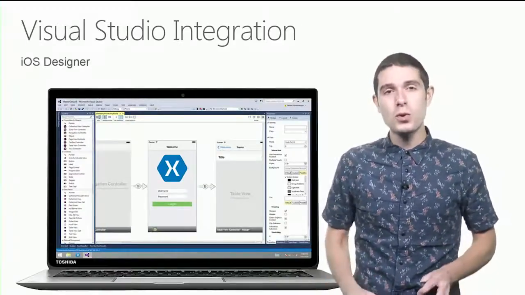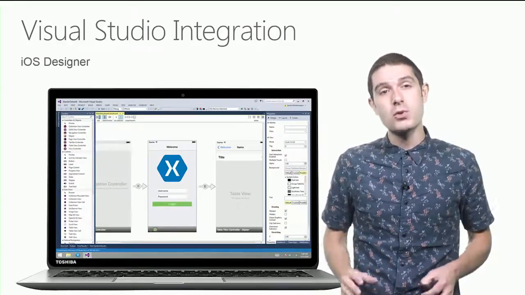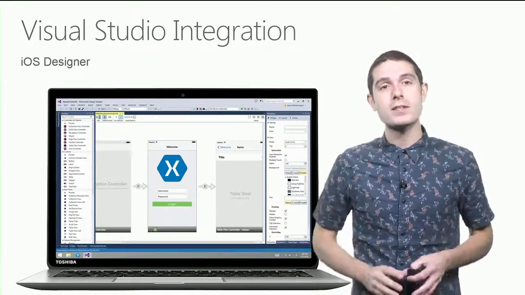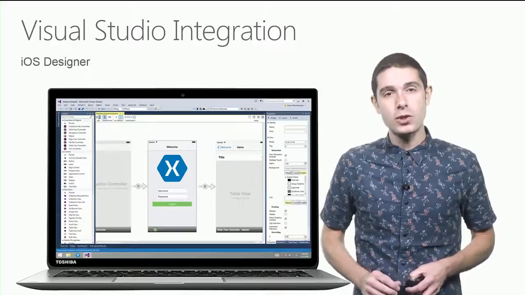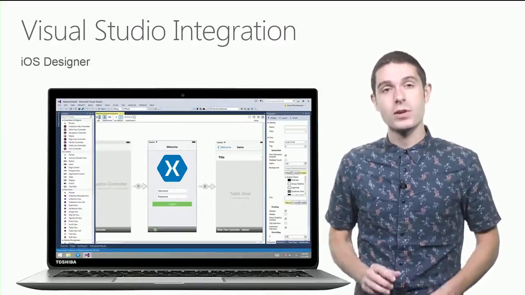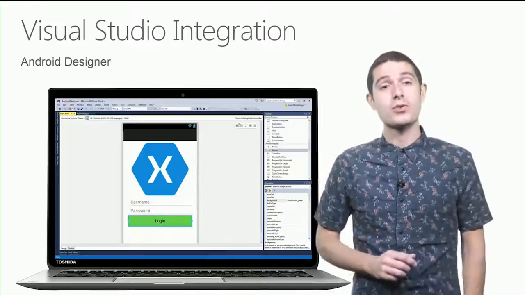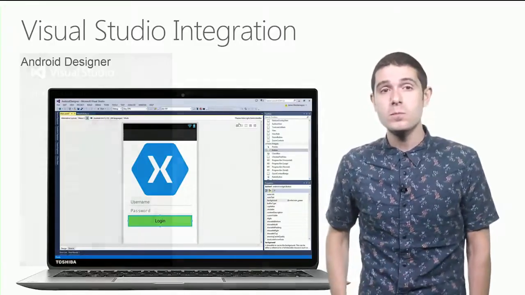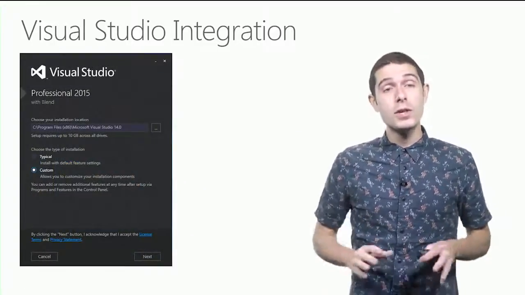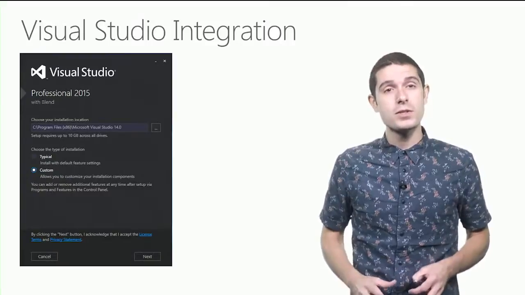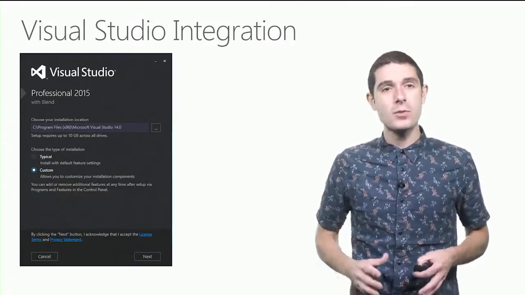Now we have great tooling inside of Visual Studio to get you up and running with our iOS designer for Visual Studio to craft great iOS user interfaces, and of course our Android designer built right into Visual Studio 2015. Now, when you install 2015 for the very first time, it's super simple to get started with Xamarin.